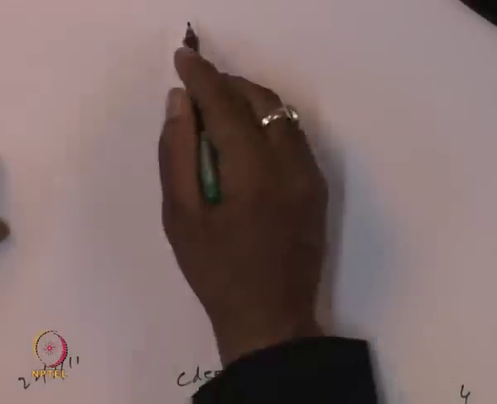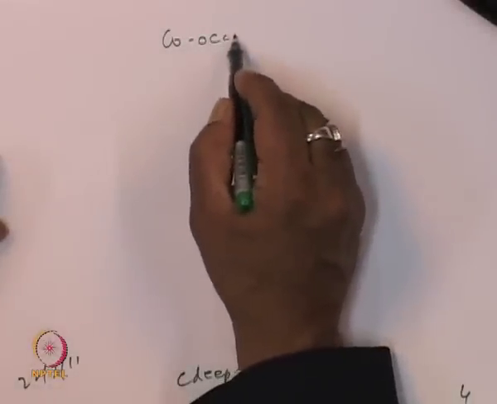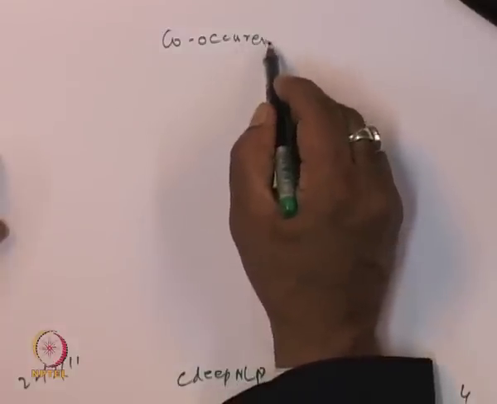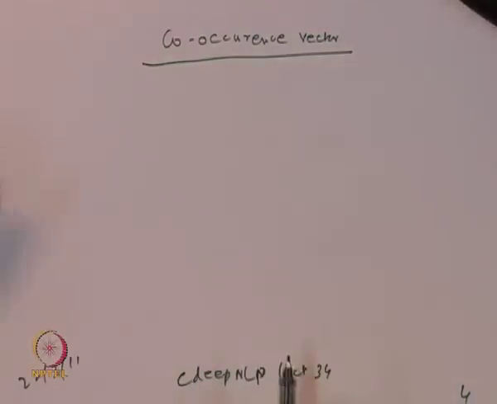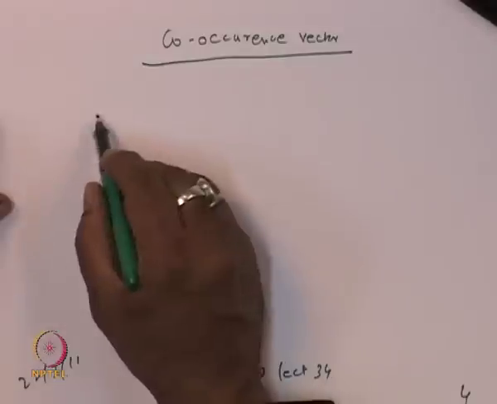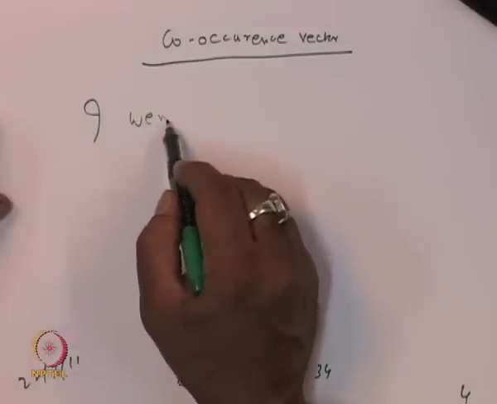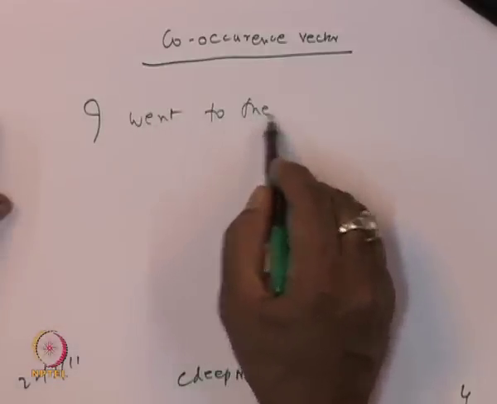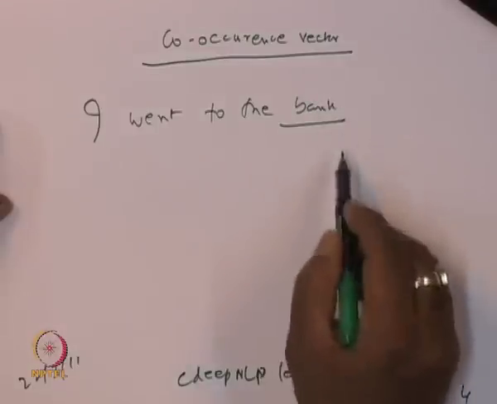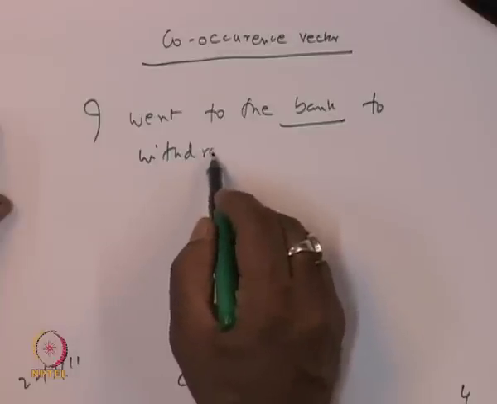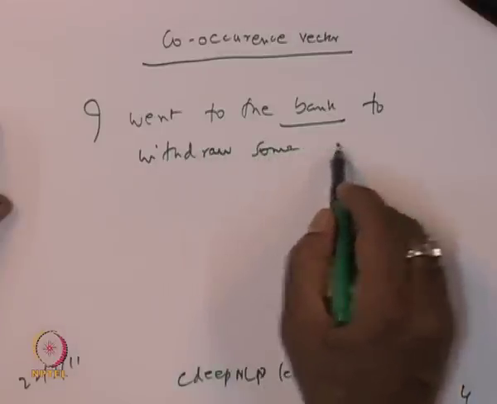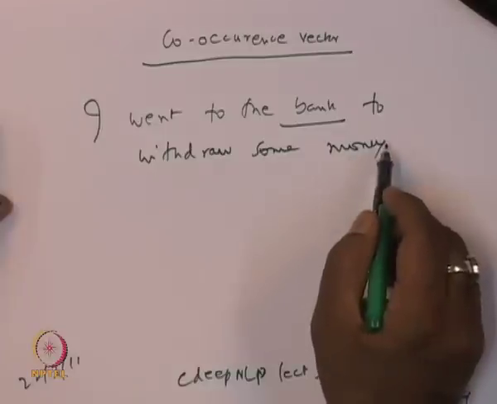Here, we now discuss co-occurrence vector. This is actually, if I take the example I am working with, I went to the bank to withdraw some money.